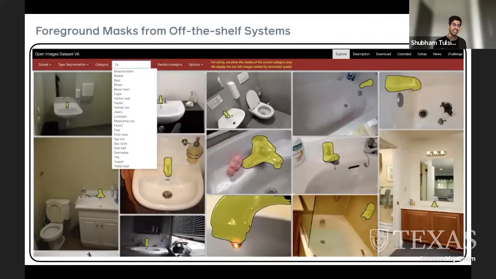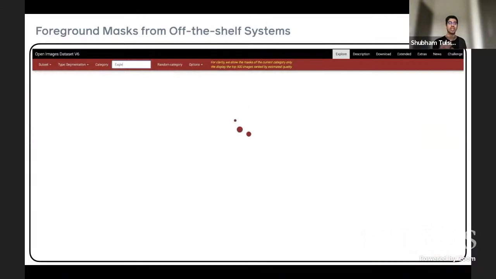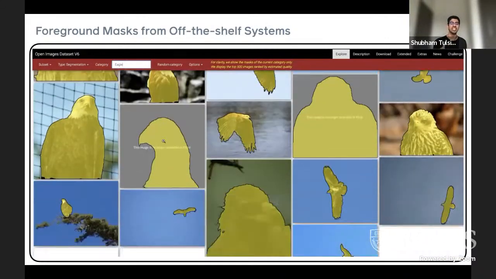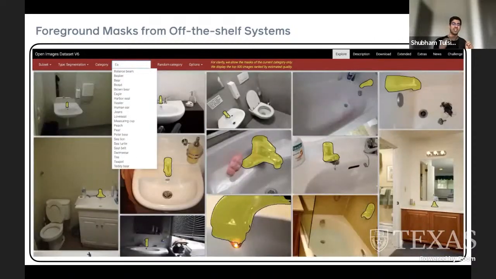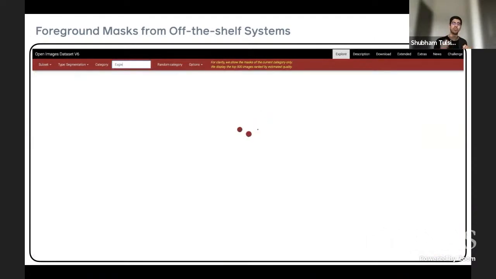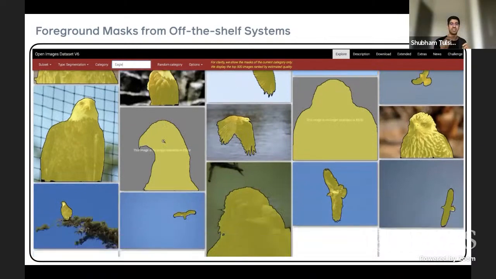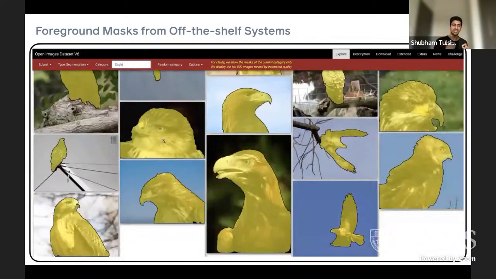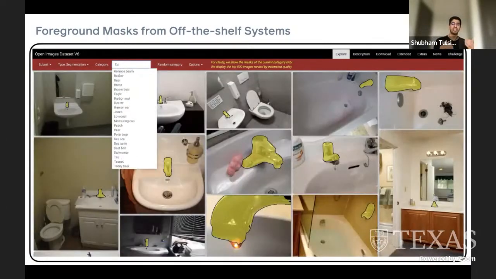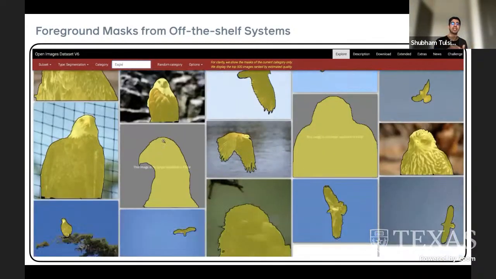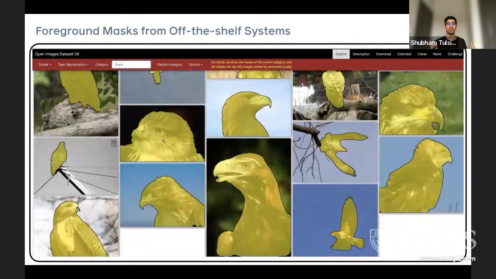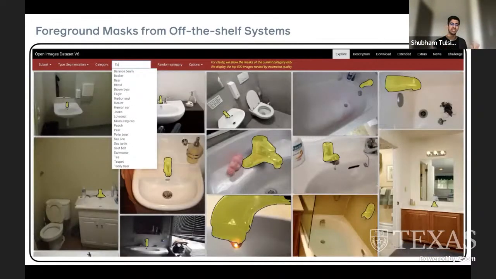And so more concretely, the form of annotations that we look at is just using foreground masks. For example, this is us browsing through this data set called Open Images, which has these user-guided, semi-automated annotations. But then given these segmentations, we can actually just learn a segmentation system that can give us coarse foreground masks for any object among these categories.